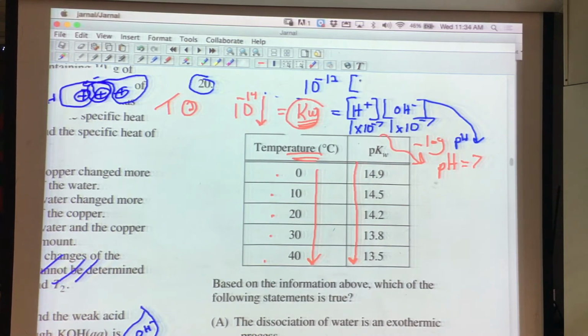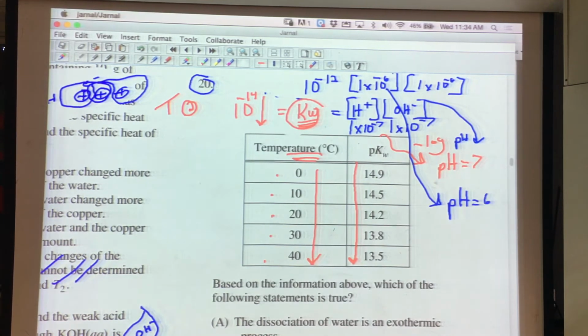What must this be? 1 times 10 to the negative 6, and the hydroxide 1 times 10 to the negative 6. Are you with me? What would be the pH at neutral pH if in fact the Kw increases? The neutral pH would be what? 6. When these are equal, the pH is 6.